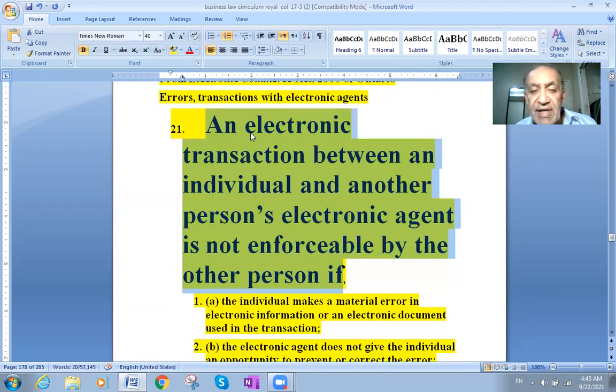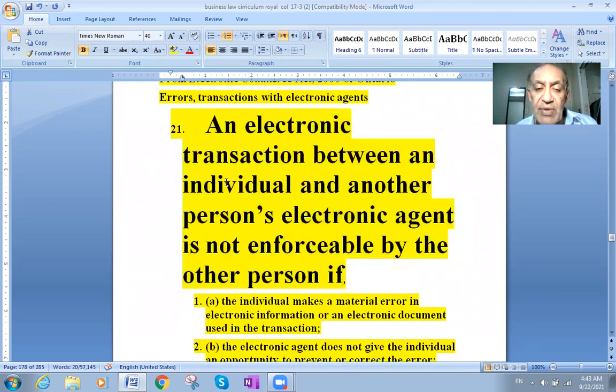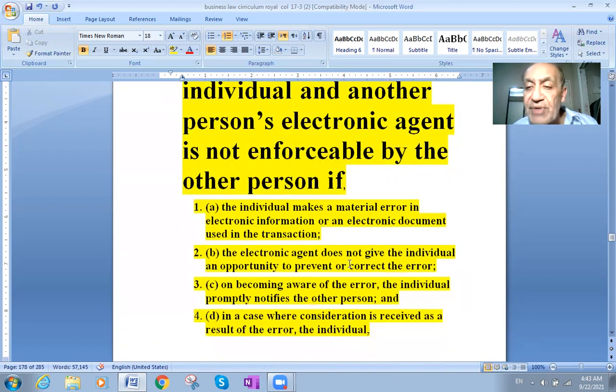The first point is that an electronic transaction between an individual and another person's electronic agent is not enforceable by the other person if... So this contract will be void in the following cases.